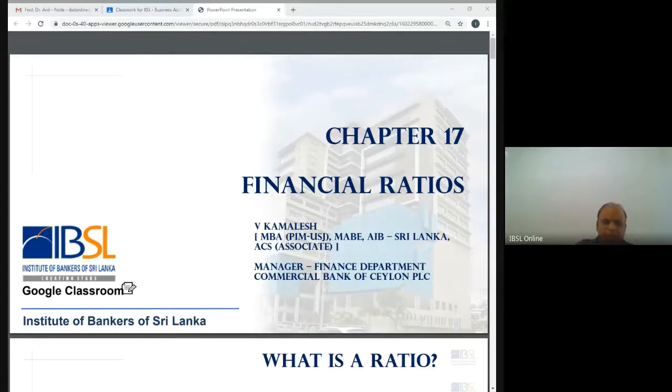So let me put it in a formula to understand better. This is how the current ratio and the quick asset ratio will look. The current ratio is current assets divided by current liabilities. Then what you get is an answer which is normally in number of times. Current assets divided by current liabilities, we normally talk in terms of times, or you can talk in terms of a ratio, which is this much is to this much.